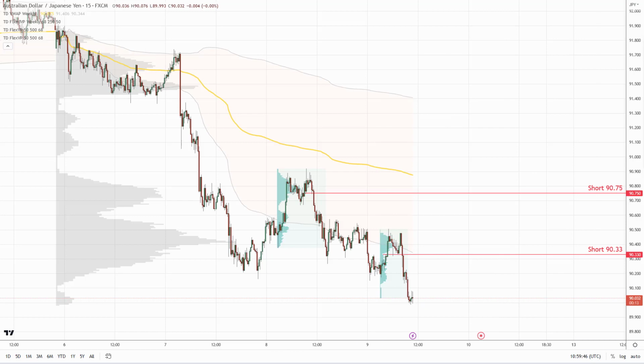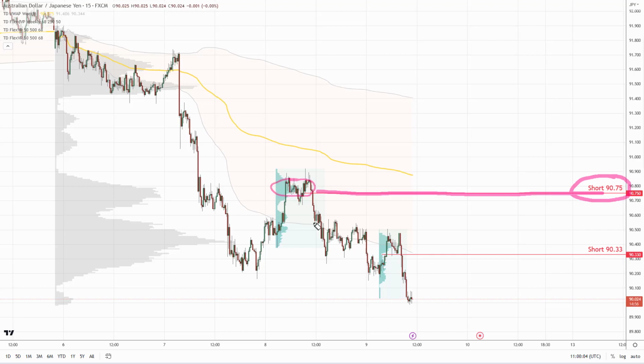Resistance number two is at 90.75 and it is based on the volumes in here. What the chart is telling us is that the price went upwards and then turned and went aggressively downwards. This is not something that special, but if you look at this zone where the price turned, then you can see that heavy volumes were traded there, which means that strong and aggressive sellers were active here and they pushed the price downwards.